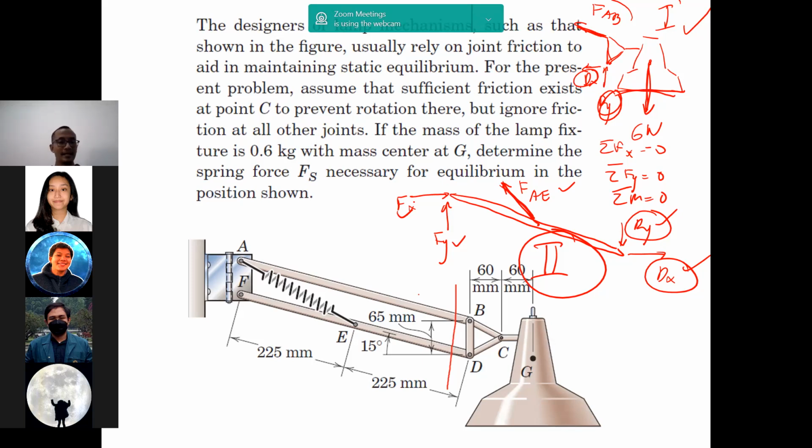Sip. Any other question for this particular problem? Fauzan, do you understand? Understood, sir. Okay, good.